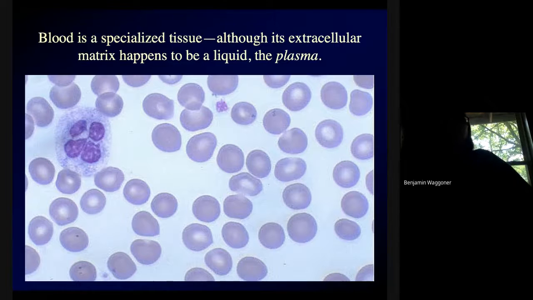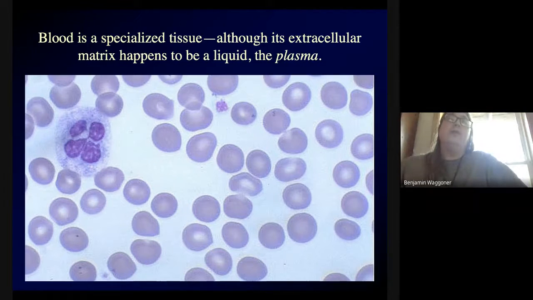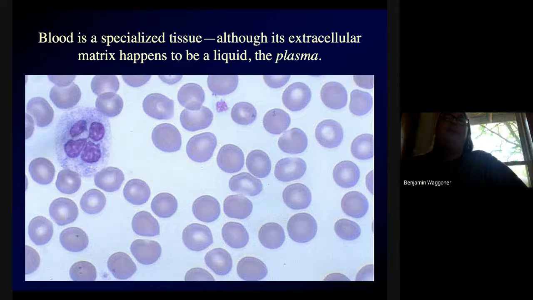Up at the upper left, you've got a single white blood cell. That grainy thing that looks a little like a four-leaf clover is actually the nucleus. White blood cells have nuclei that can take some kind of funky shapes. And in blood, the extracellular matrix happens to be not solid protein filaments, but a liquid called your plasma.